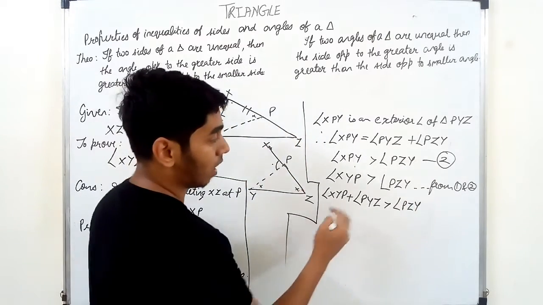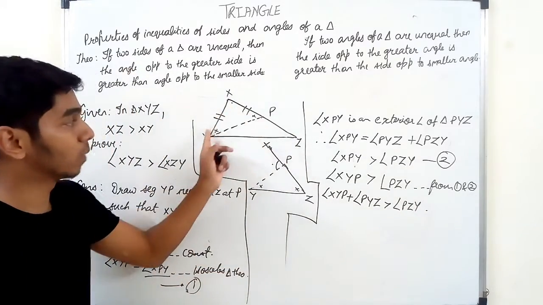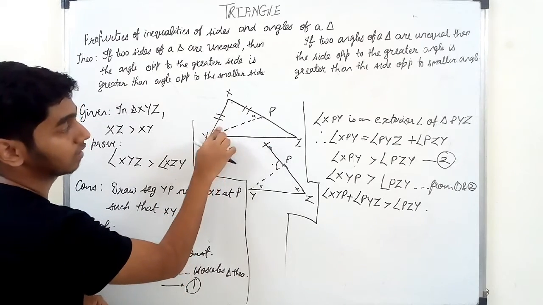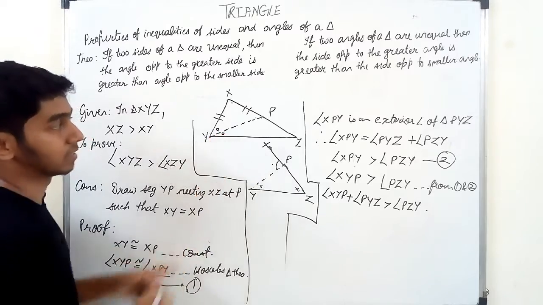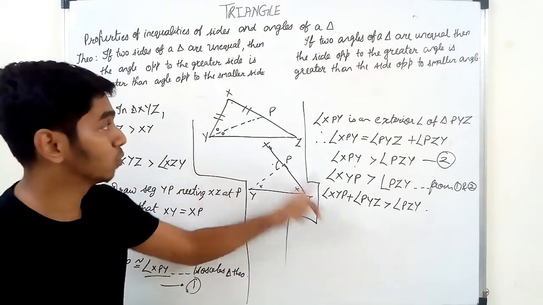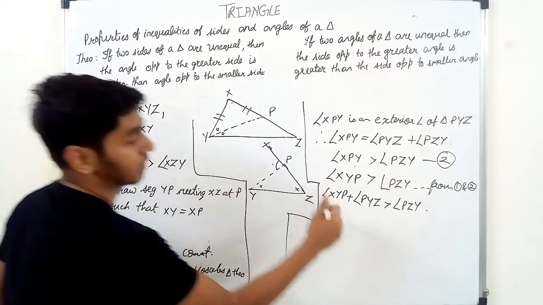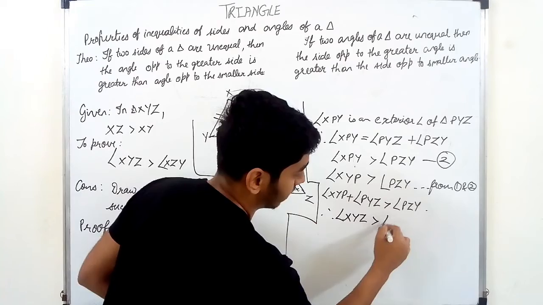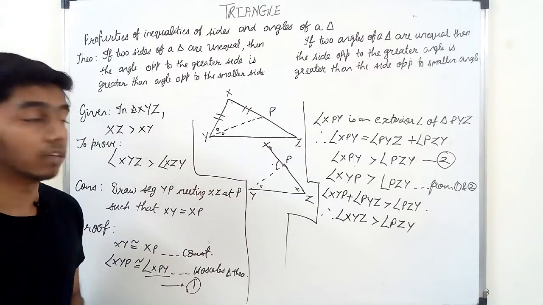If you see XYP and PYZ, this is actually this angle plus this angle. So actually it is XYZ. Therefore we'll write XYZ is greater than PZY. Correct?